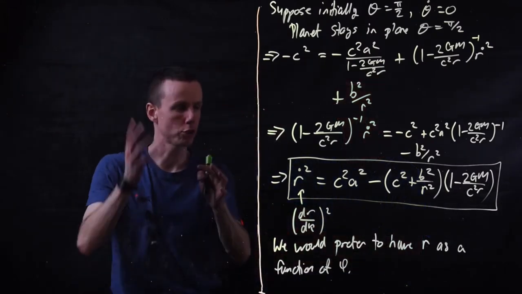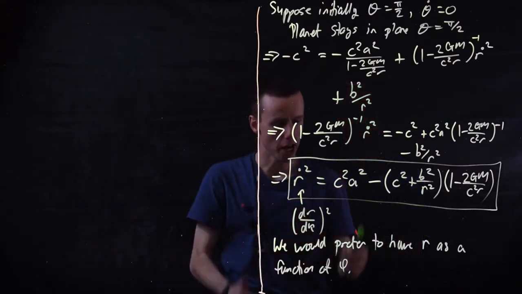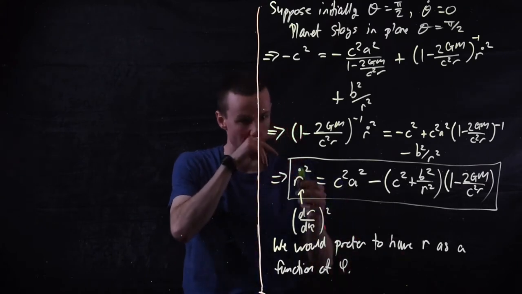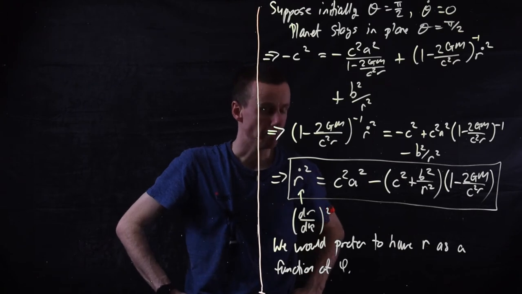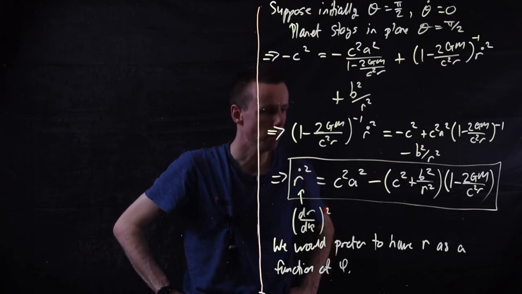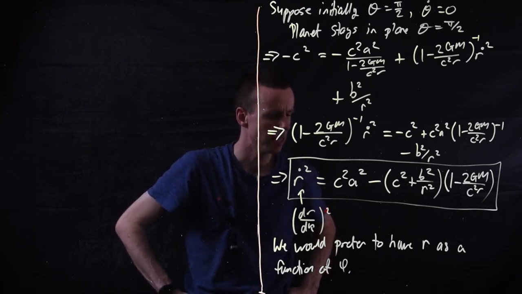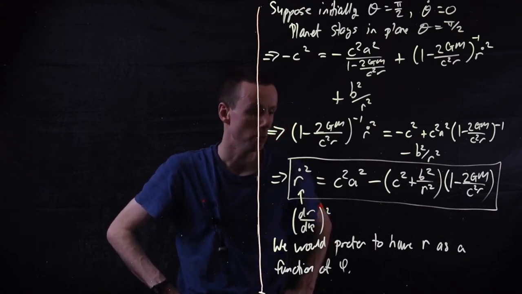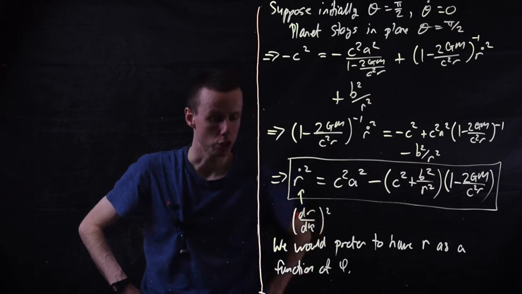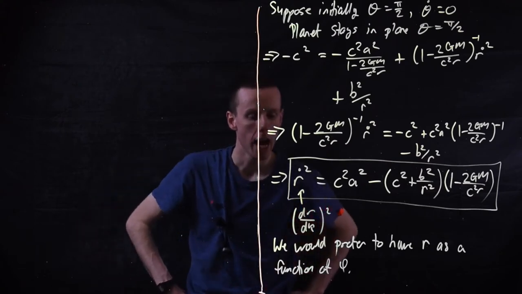Okay, so I've just erased one side of the board, but as I say, we want to change this so that r is parameterized in terms of phi. The trick that we use here is not obvious, but it comes from the Newtonian theory of orbits.